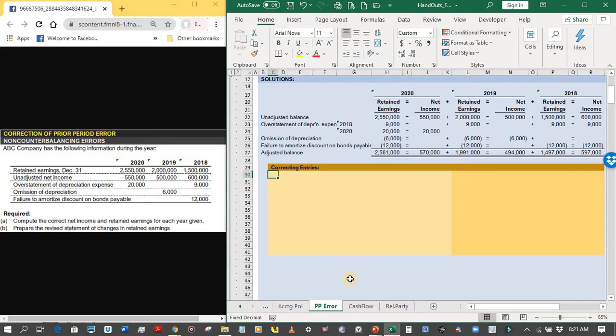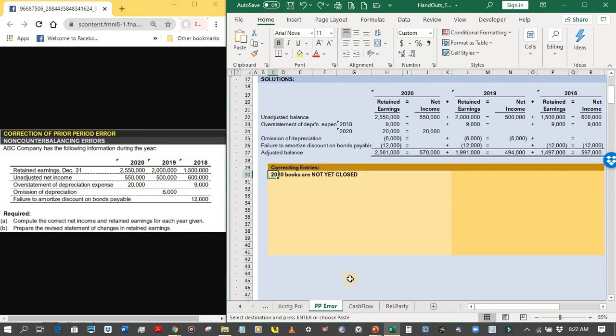We are going to prepare them based on two assumptions, and the first is that the 2020 books are not yet closed. So it means that the books are still open, and the nominal accounts are not yet closed to the retained earnings. So it means that we have not prepared the closing entries.